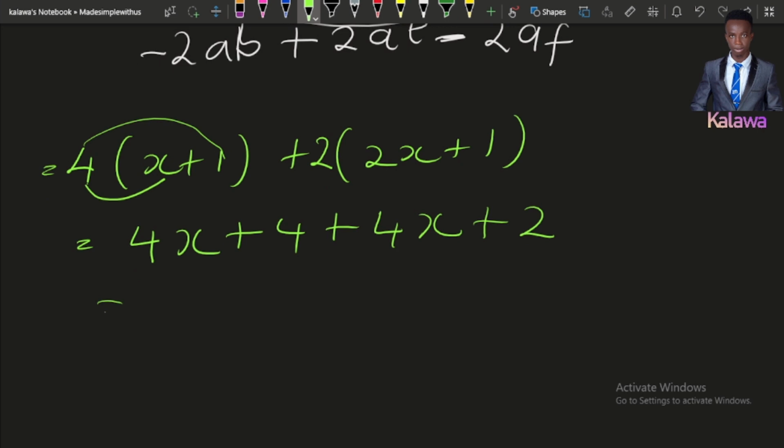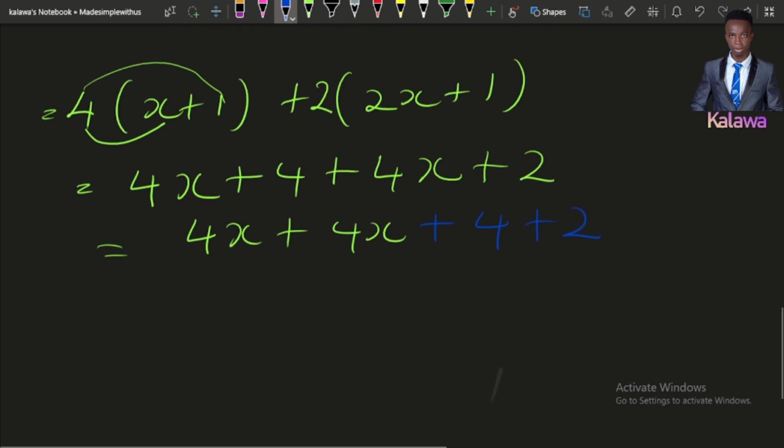So what do we do now? We collect like terms. Remember, we did this, I think, in part 2 of the video. You can go back and watch part 2. So what are the like terms here? The like terms are 4x and plus 4x. And then we also have plus 4 plus 2.